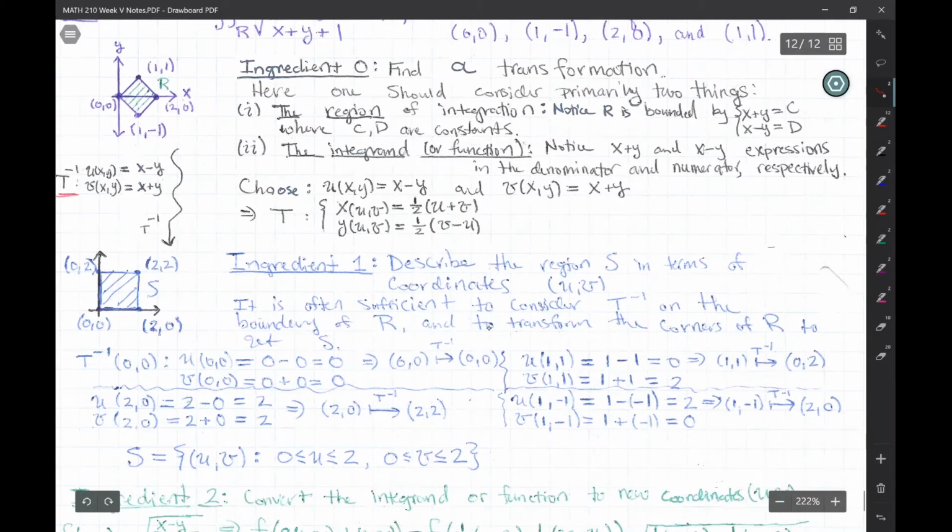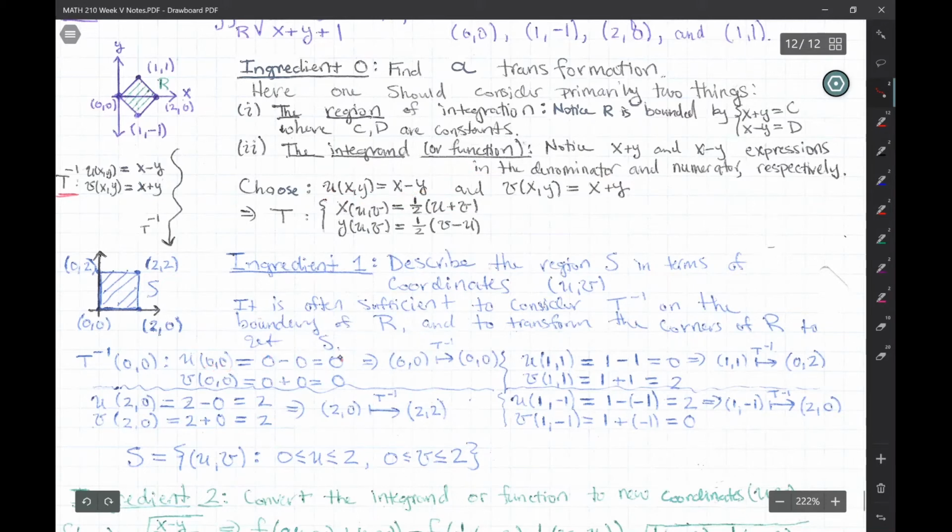We're going to apply the inverse transformation on our corners in the xy plane. For example, 0, 0. Let's apply the inverse transformation on 0, 0. Well, u of 0, 0, and again, where's the inverse transformation? It's right here. We have u equal to x minus y, so we're plugging 0, 0 into that.